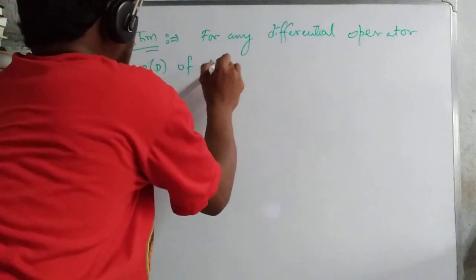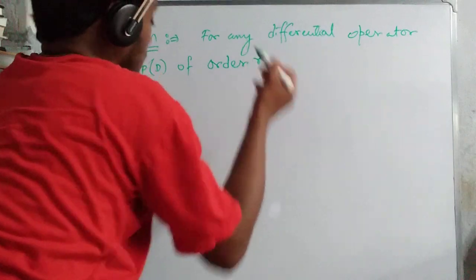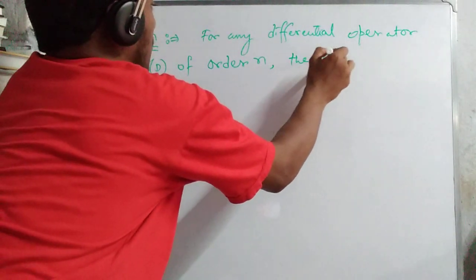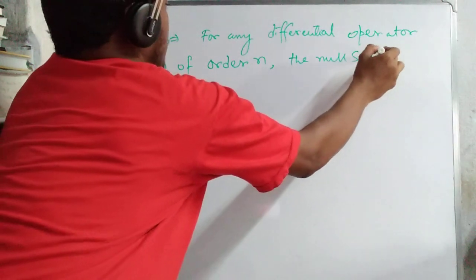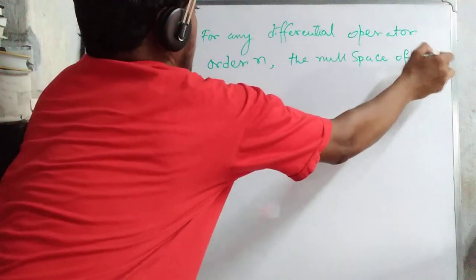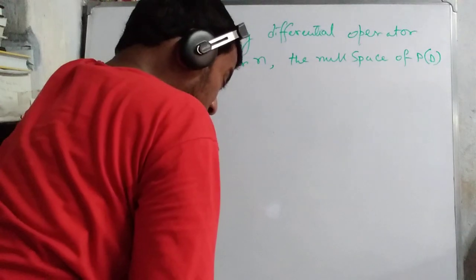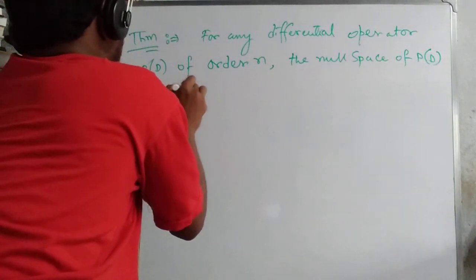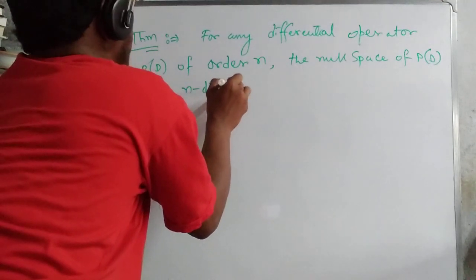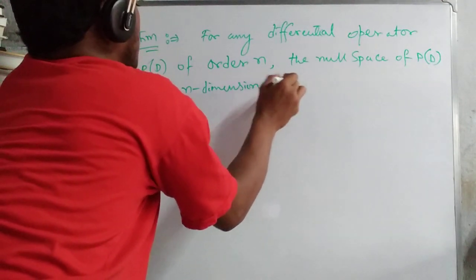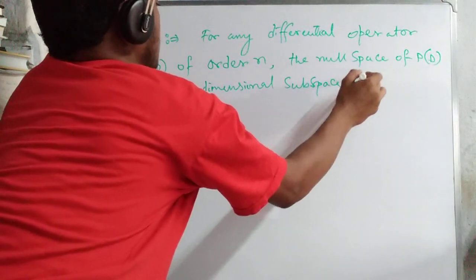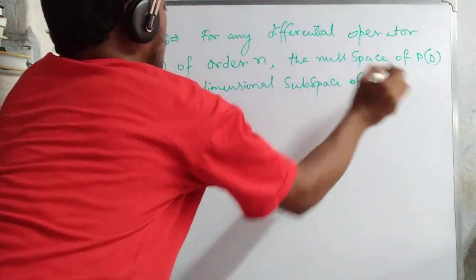of order n, the null space of PD is an n-dimensional subspace of C infinity.